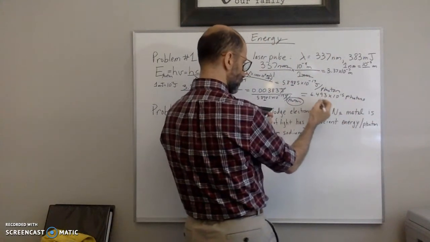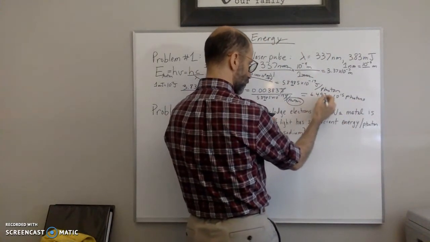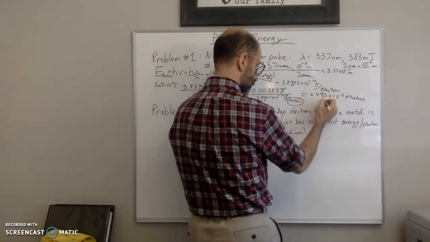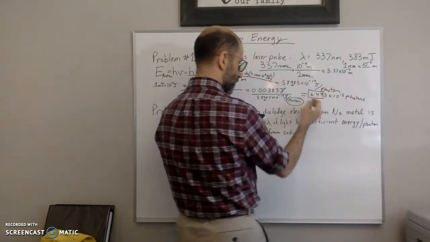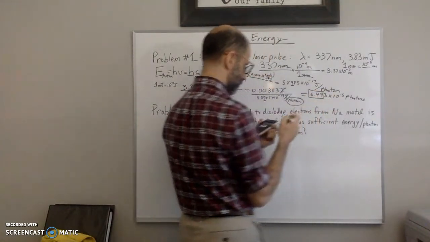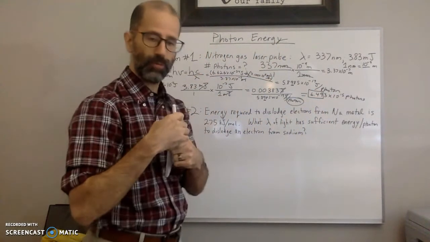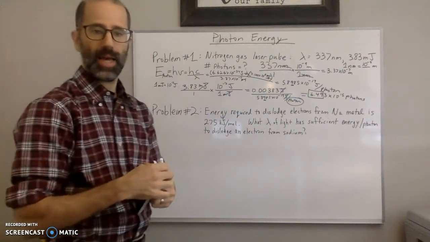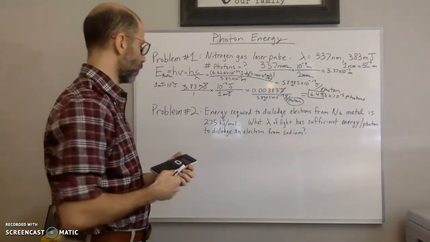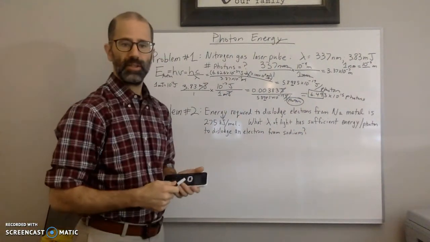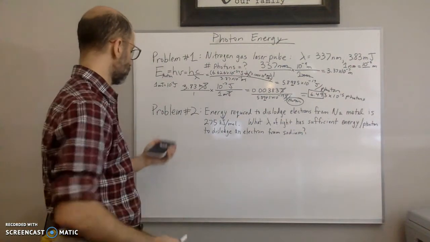So I'm only allowed 3 sig figs, so I stop at the 9. So it'll be 6.49 times 10 to the 15 photons. That's the total number of photons in this energy, this laser pulse. Okay, great. That's the first problem.